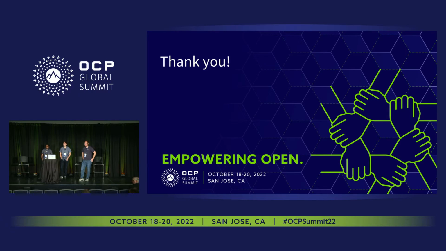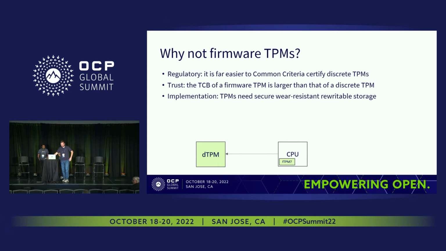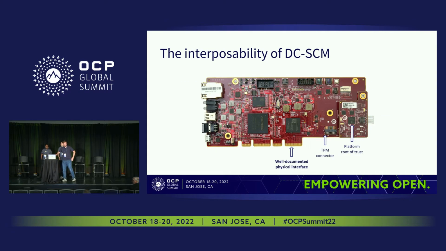I have an architectural or conceptual struggle with the OCP architecture. In the SCM spec, the TPM's SPI interface is both connected to the platform root of trust, as well as going out to the DC-SCI interface. And we have CPUs, we have servers with potentially multiple CPUs.